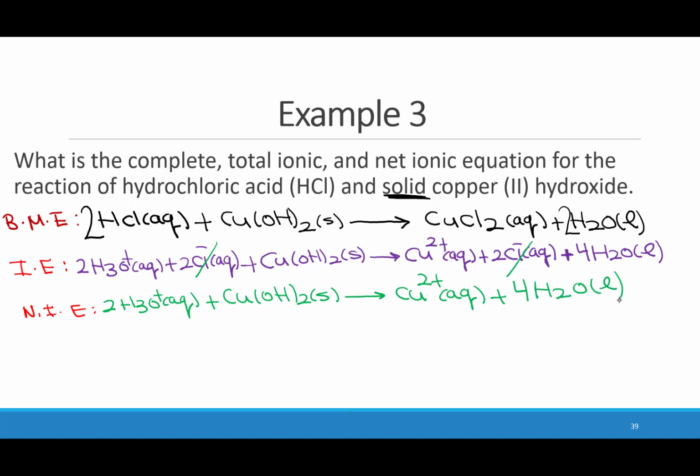Then this is our net ionic equation. Whatever is left over will be the net ionic equation. The key is that you do not let that solid copper 2 hydroxide throw you off. It's in solid state, keep it as is. Also, copper 2 hydroxide is a weak base. Weak bases do not separate. That's why we just keep it as is.